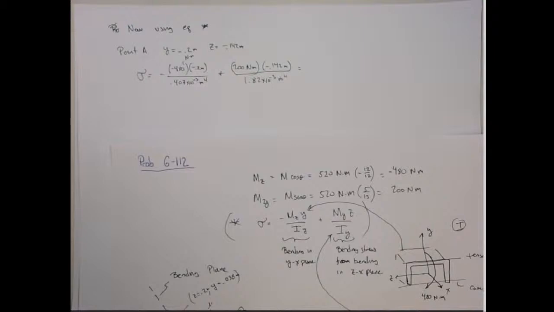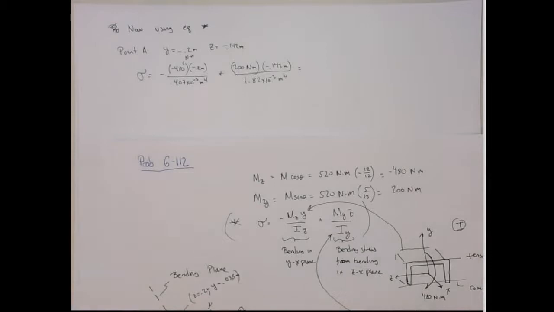480.2 times 0.407 to the minus third divided. Oh, I'm getting a different number here. Oh, wait, I got these flipped. I'm sorry.